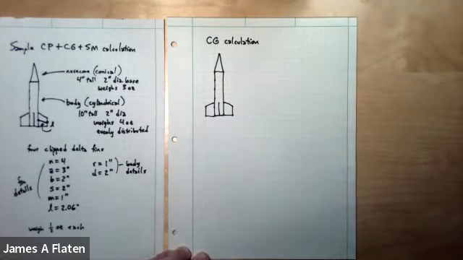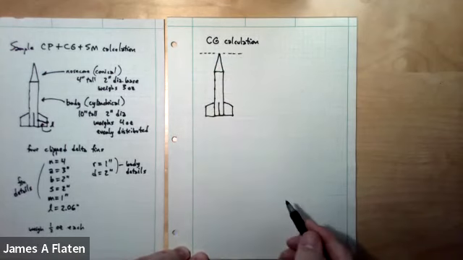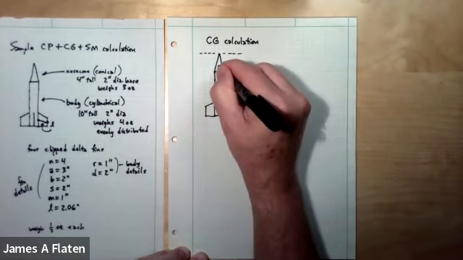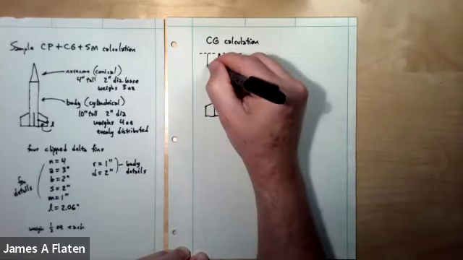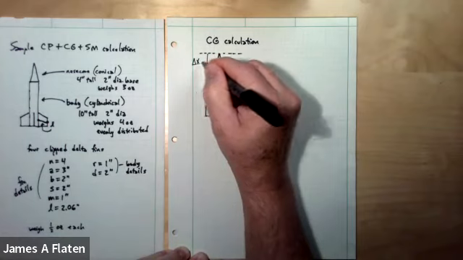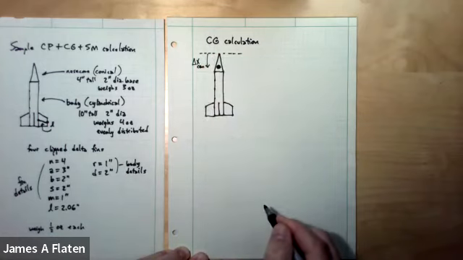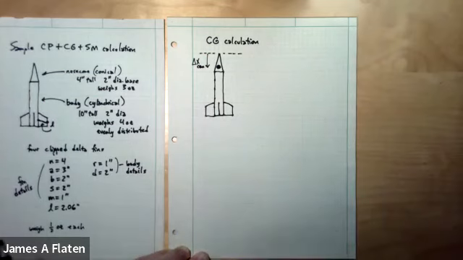So there's my body. And this was the line with respect to which I will be making all my measurements. So in this particular case, presumably I have a location of a center, delta x CG n. That's my location of the center of gravity for the nose with respect to the tip of the nose.